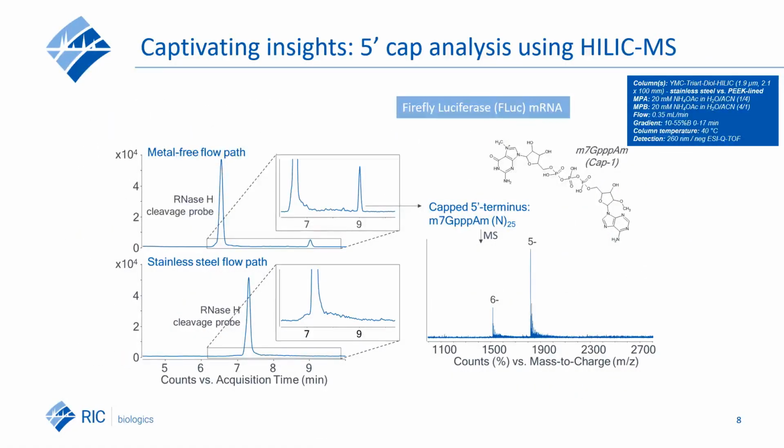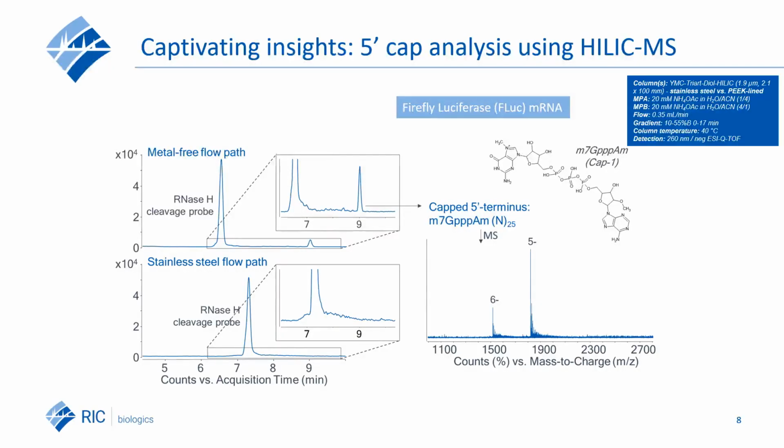As introduced before, HILIC can be used as a safer alternative for ion pairing reverse phase, since the latter makes use of fluorinated compounds. Here on this slide, we reanalyze the sample from the previous slide by HILIC.